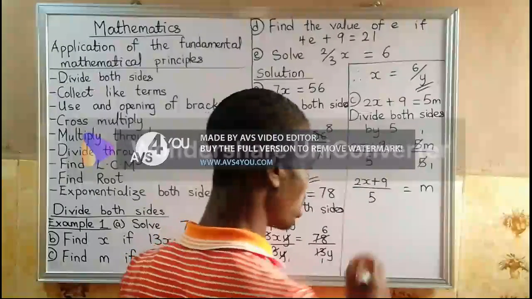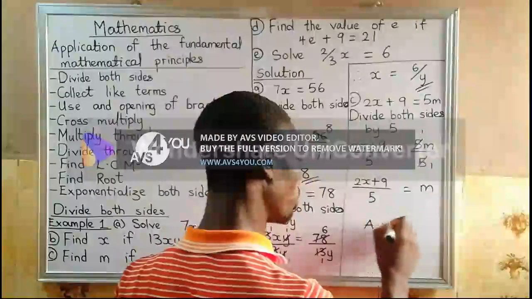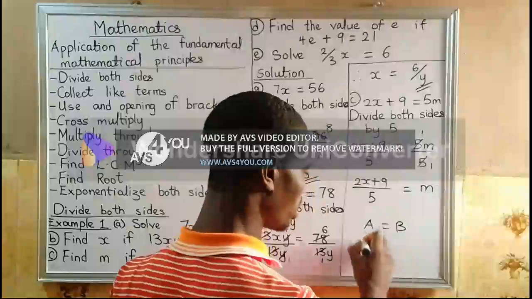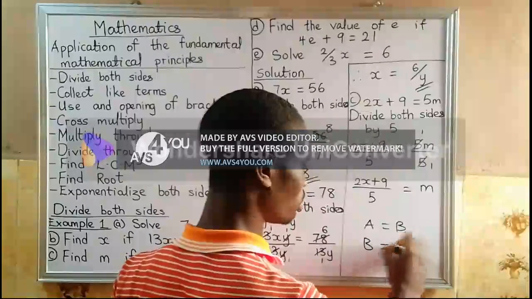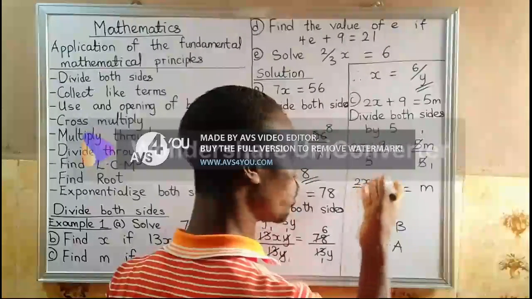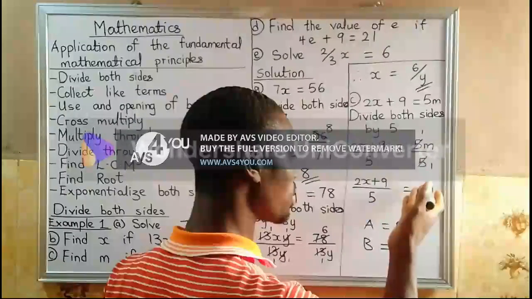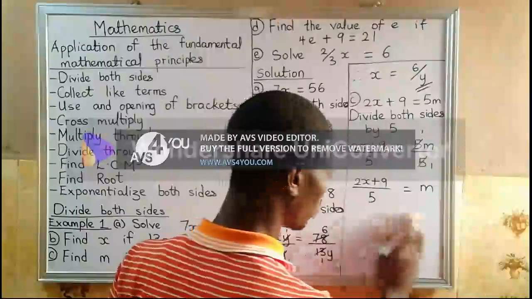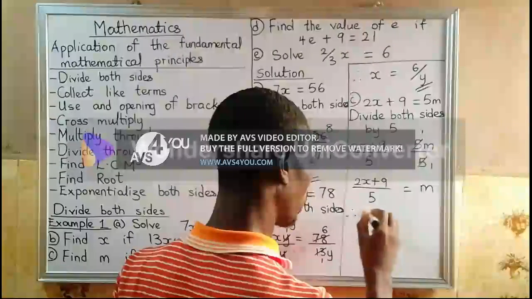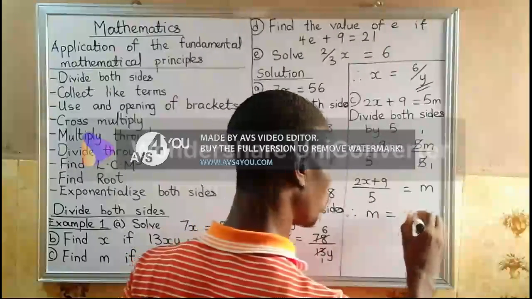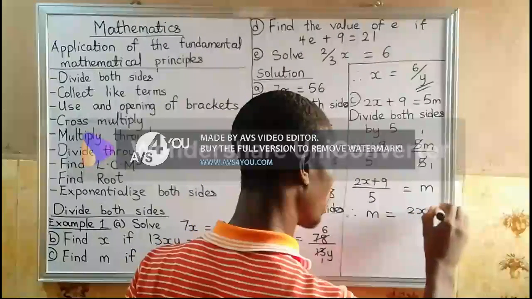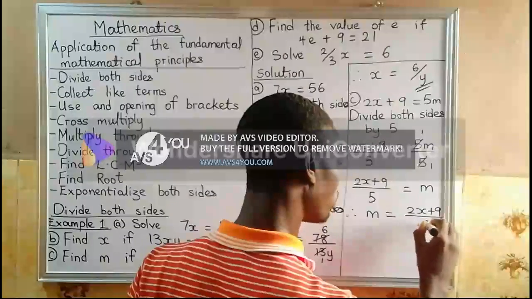The reason being that in mathematics, when you say A equals B, it also means that B equals A. So if 2x plus 9 all over 5 equals m, therefore m is also equal to 2x plus 9 over 5.